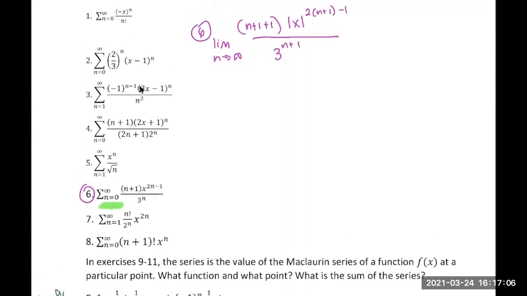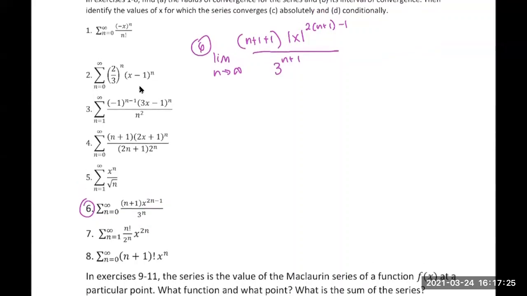So where I stuck the absolute value was only around the x. And that was on purpose because starting at n equals 0, if I were to plug 0 into my terms, only the x is possibly negative. So as I increment up, that's the only possibility of it being negative. So that's going to be where I stick the absolute value.